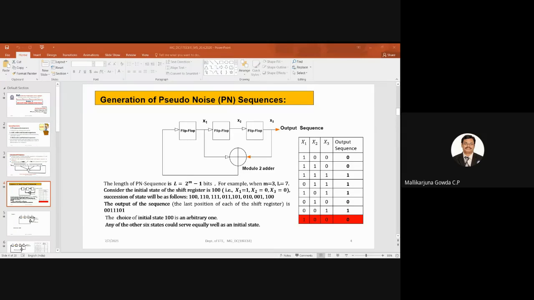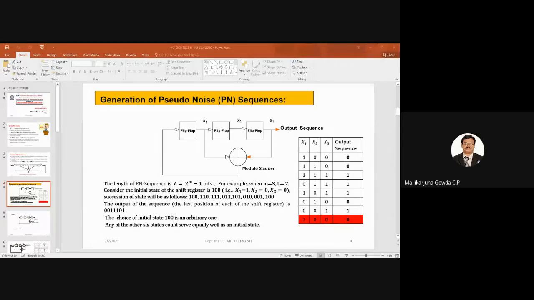Yes, can you just tell, with the initial condition as 011, how do I get this table? If I take the initial condition as 011, what is the next state?